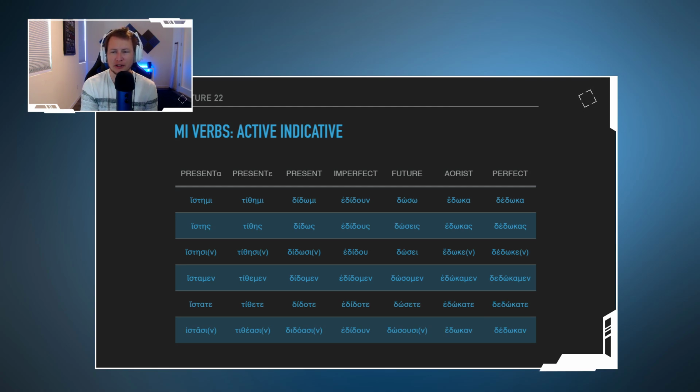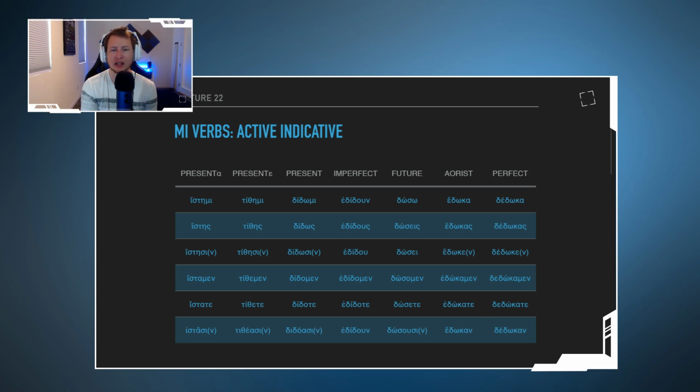Notice it's kappa alpha in the perfect for the tense formative, identical to the aorist. Oh no, whatever shall we do? Well, calm down. It has reduplication. Right? Dedōka. So when you see kappa alpha, it could mean aorist, it could mean perfect.